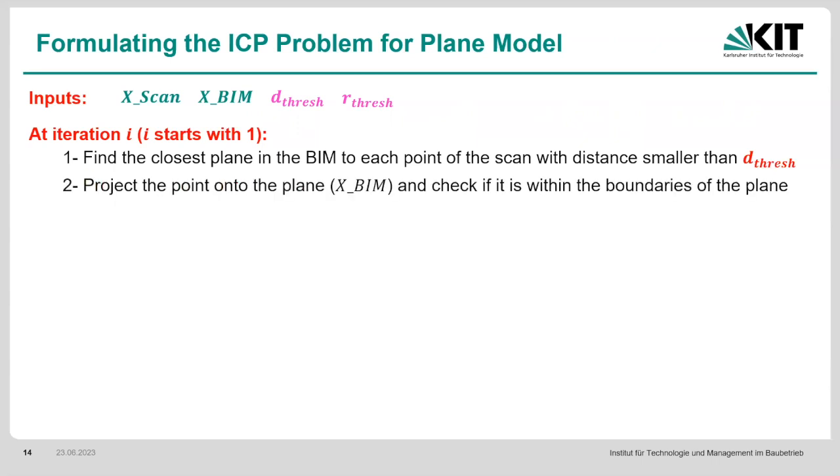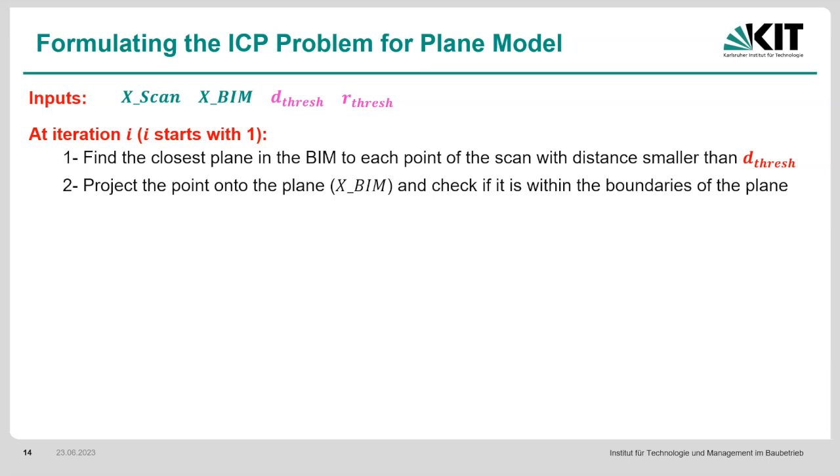So let's say it's this point here, you project it inside. This is going to be the projection of that, right? Project the point onto the plane and check if it's within the boundaries of the plane. That check within the boundaries is very important. If it's not, then this point is not going to be there. If it is, then you are going to be projecting it there.